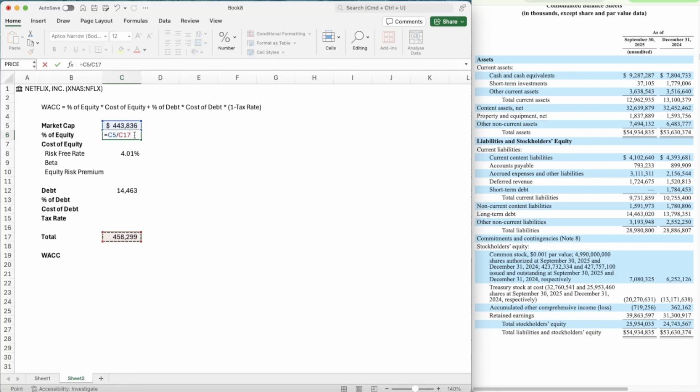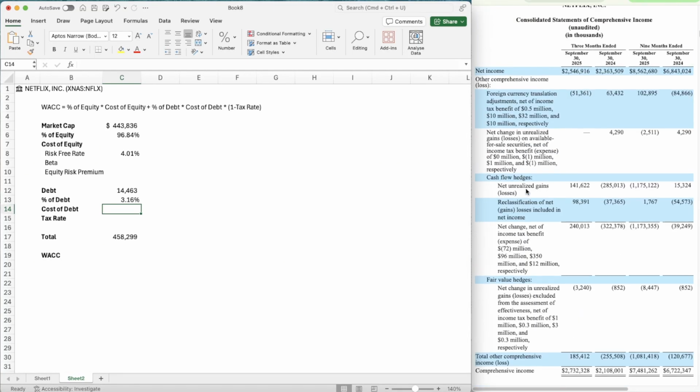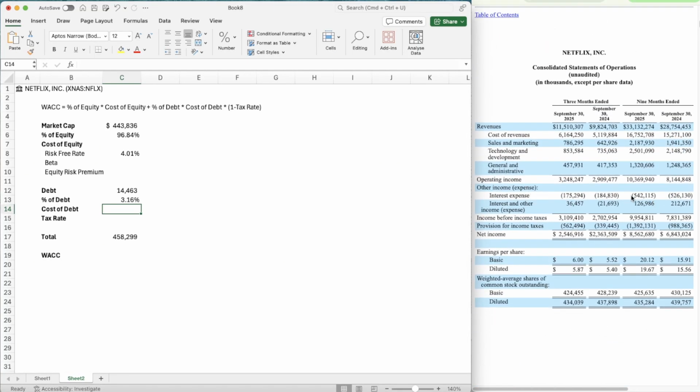So you take your market cap divided by your total, and that gives you the percentage of equity. Then you take the debt divided by the total. That gives you the percentage of debt. For the cost of debt, we need to look for their interest expense. So about 540 million for the first 9 months.